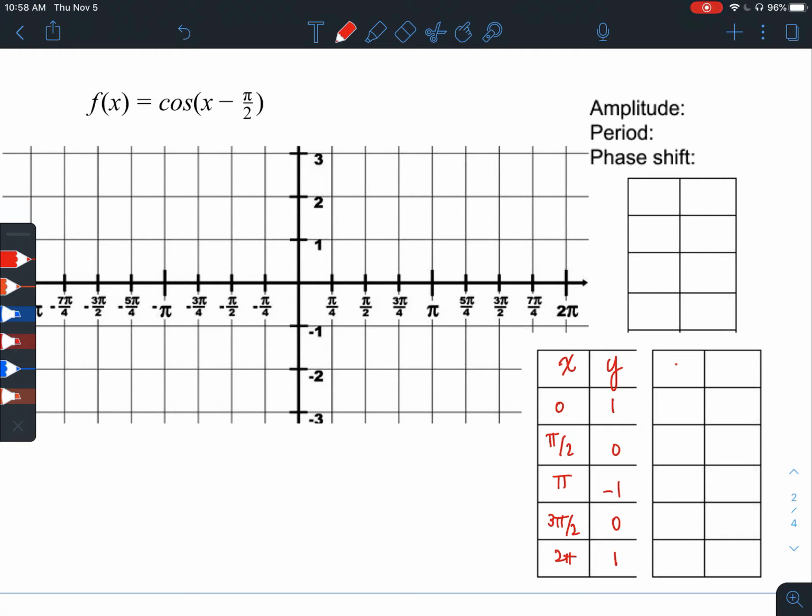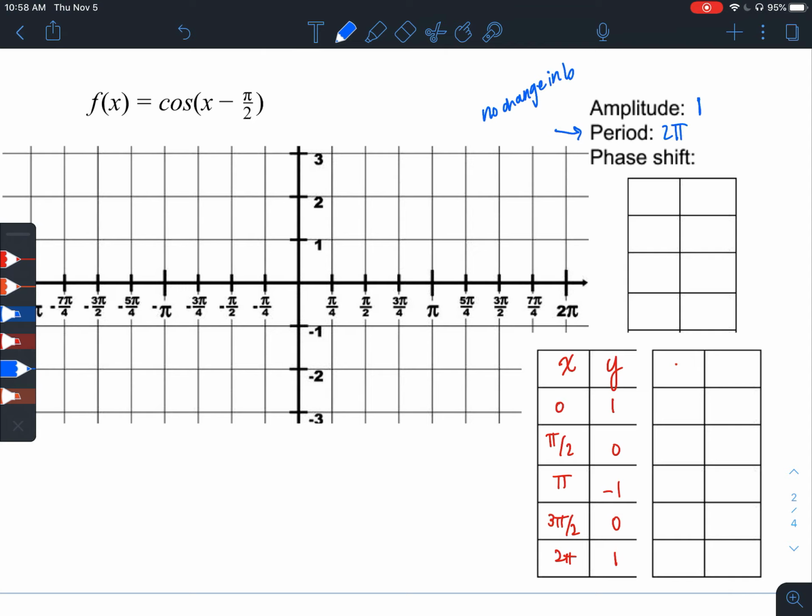And then our transformed function, we'll get to in just a second. Our amplitude for this one is 1, because our a is equal to 1. Our period, we don't have a change in b, so this is just 2 pi still.